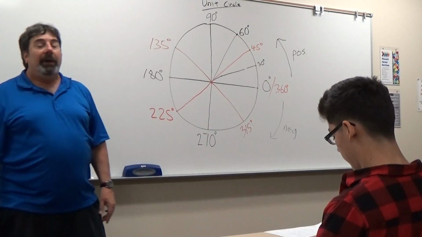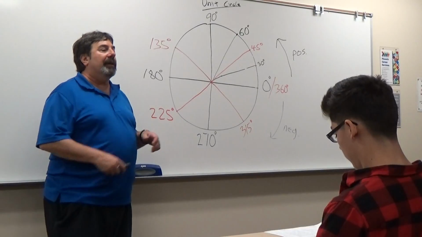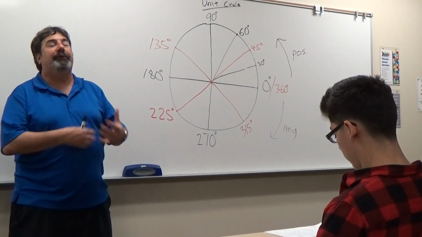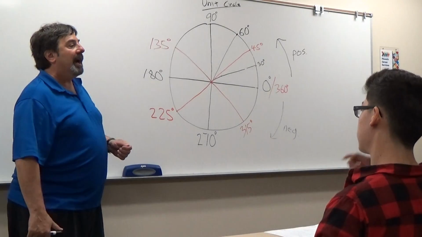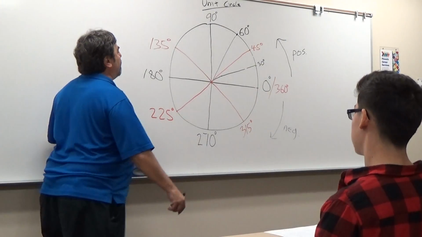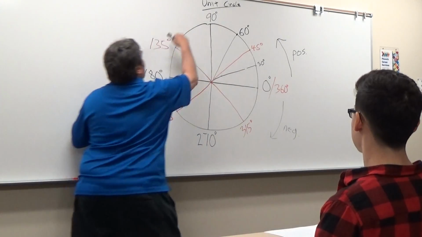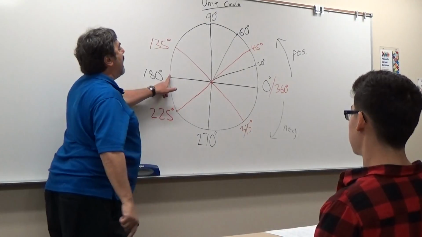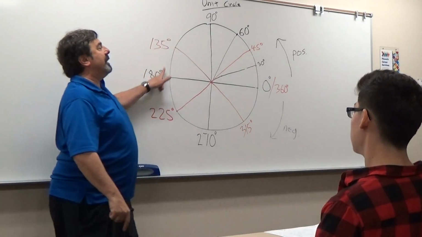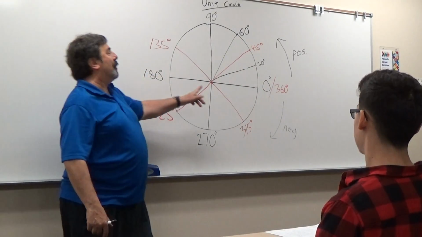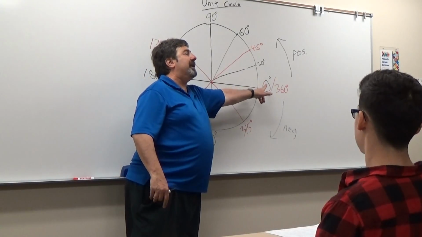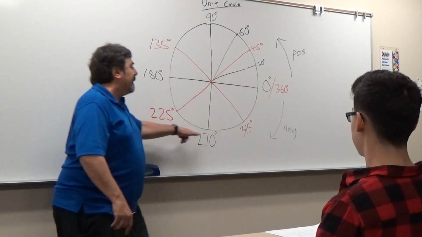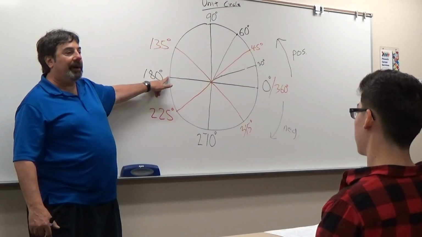Which brings us to an important point, and which is there are multiple ways to refer to the same point on the unit circle. I can refer to this point right here on the unit circle as 180 degrees. Or if I go in the negative direction, can anybody tell me what would that be in the negative direction if I end up right here?